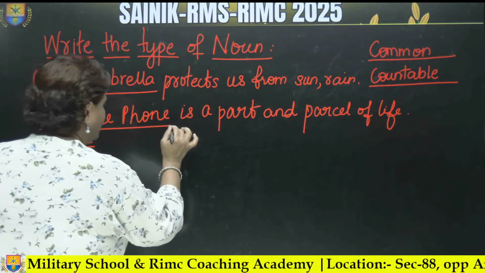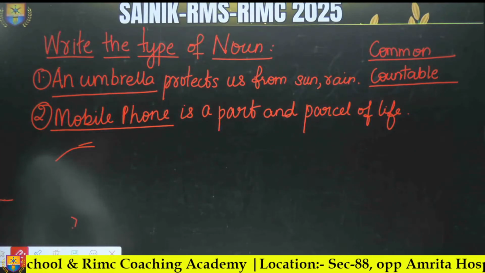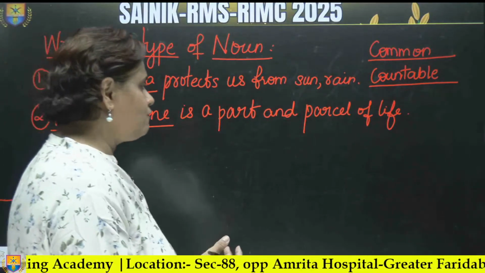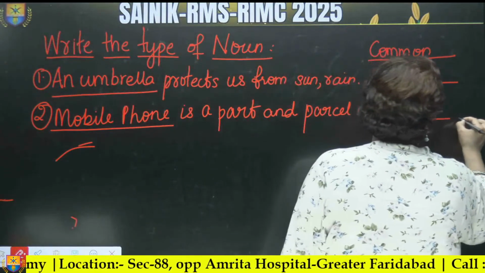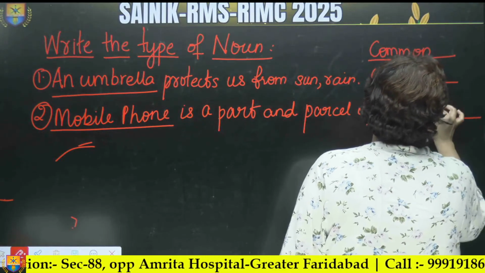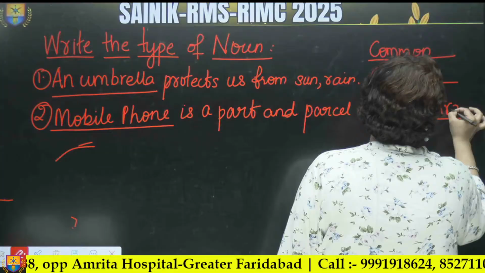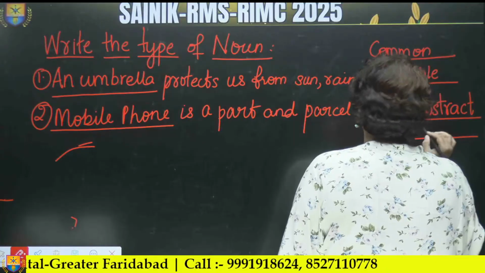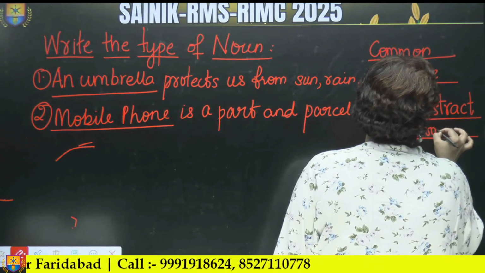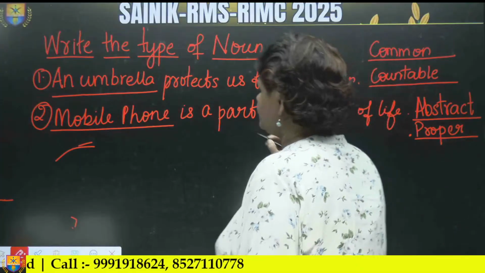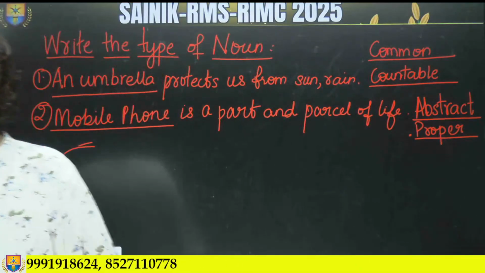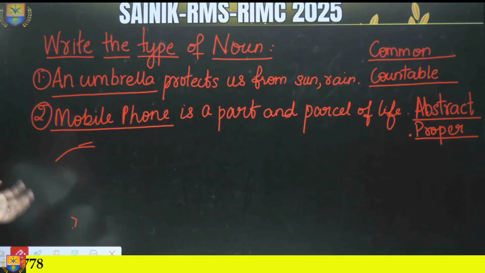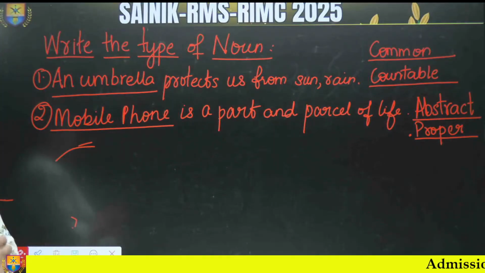So we will underline mobile phone, that is your noun in the sentence. And what is the answer to this? Mobile phone. So we can take it as abstract noun, as it is a material. We also take this as your proper noun. Why? Because it is beginning with the capital letter. So we have mentioned here the two options and both are correct, and any one also is correct.